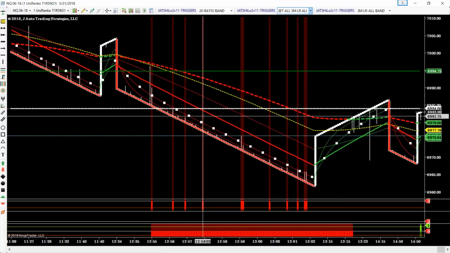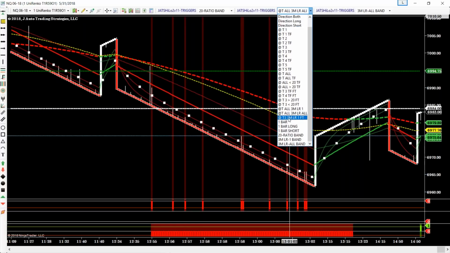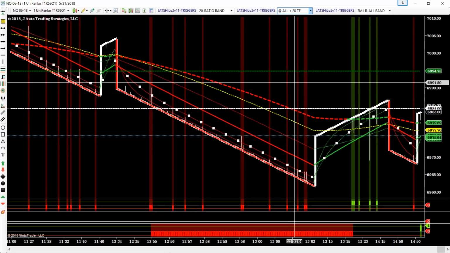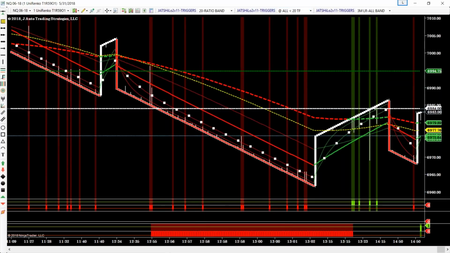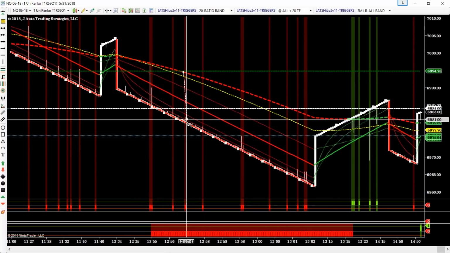I even have a little bit of an algo in here that's already set up, capturing that 3-minute linear regression, so you can test it. You can test using the all 20, lower 20, and the 20 again is that ratio between the last average and the open.